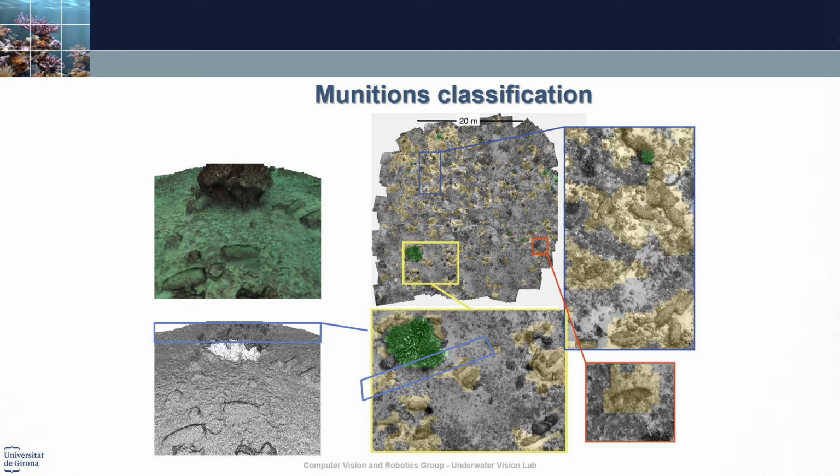In this case, it's not only using features that take into account the photometric characteristics of the munitions, but also the geometric characteristics, the shape of the shells, a feature that is then used to train a machine learning system that is able to detect them. So in this case, we're not using deep learning, we're using support vector machines, because normally they generalize much better when the amount of data that you have is much smaller.